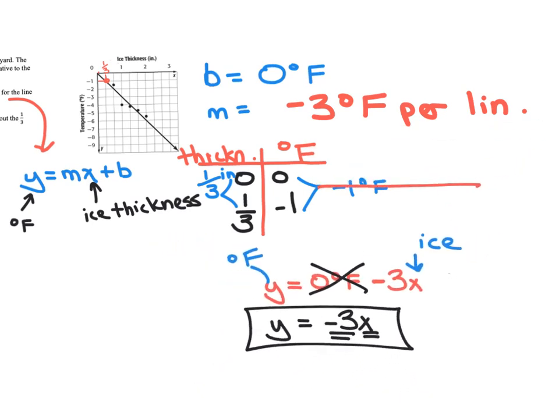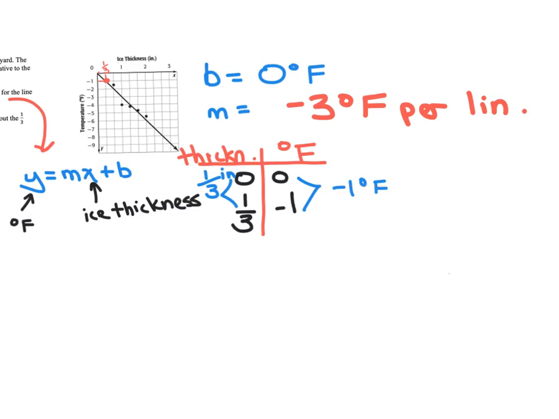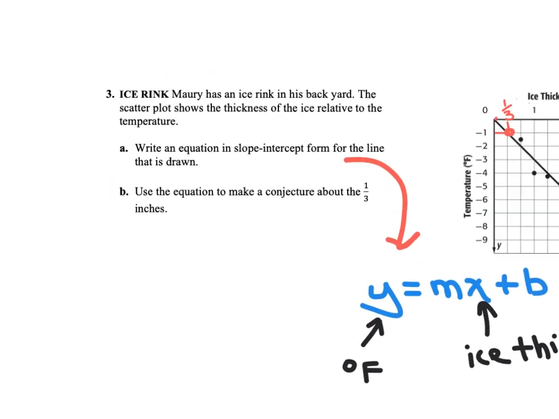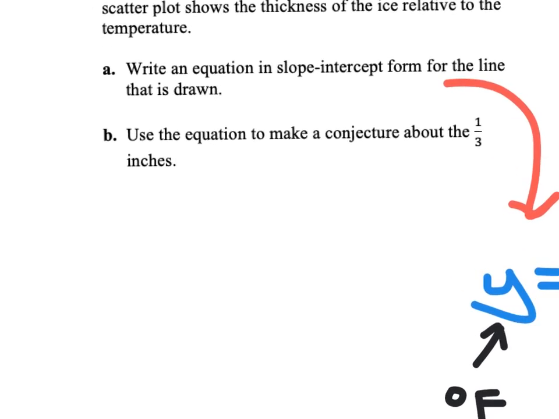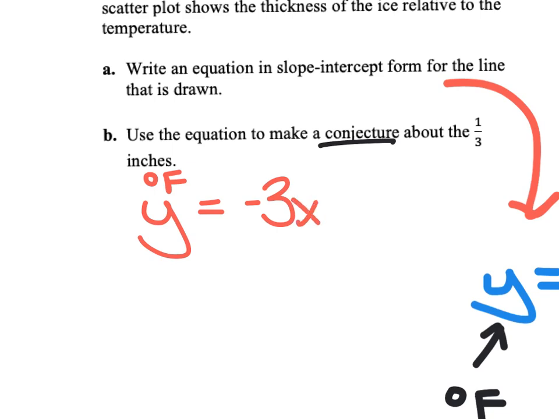Okay, now let's use our equation. I'm going to erase this, so pause the video if you need to write anything down. So it says use the equation to make a conjecture, where this is part B, about 1/3 inch. So my equation was y, which is my degrees Fahrenheit, equals -3 times however many inches of ice I have.